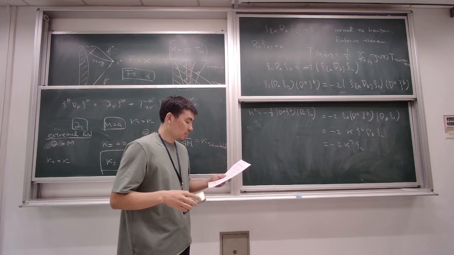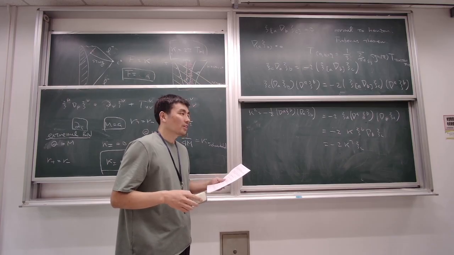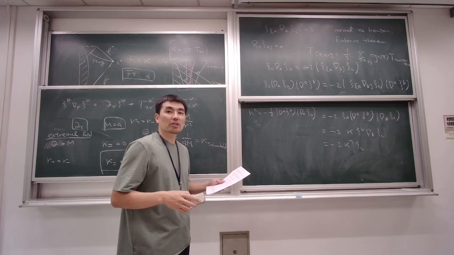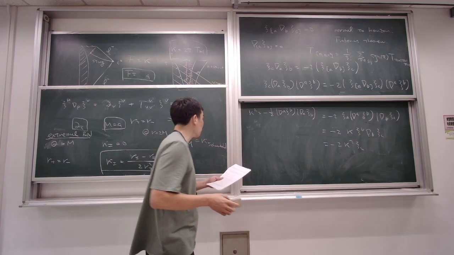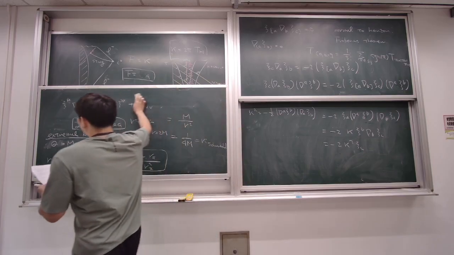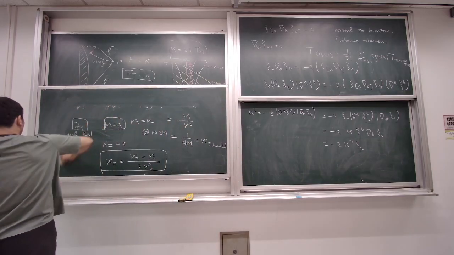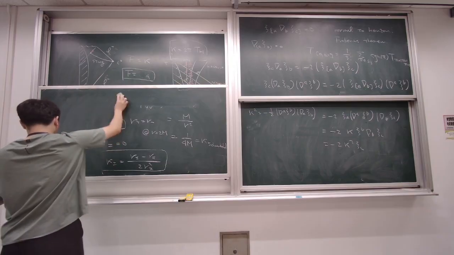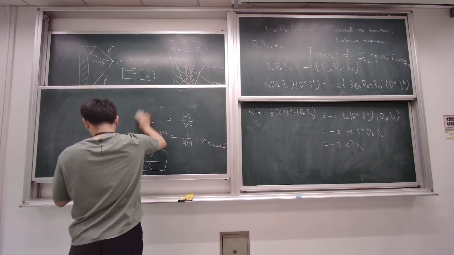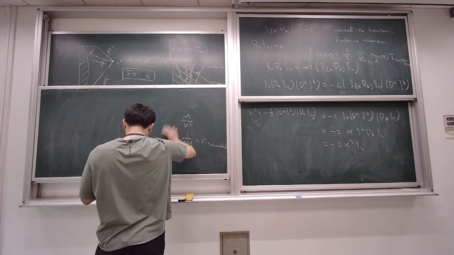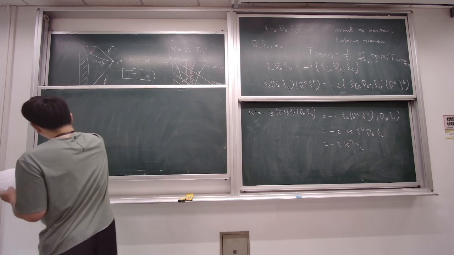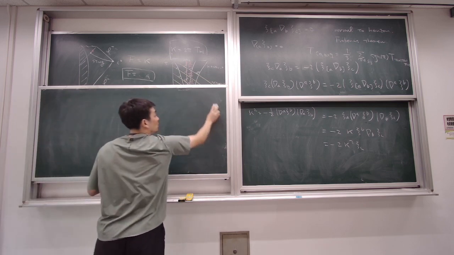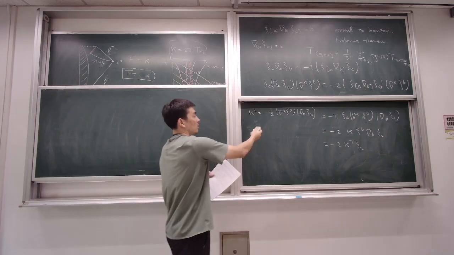If you use the definition, you don't need to use the Finkelstein coordinates. The ordinary coordinates will be okay. I will show that. Yeah, so this is another way to derive it.